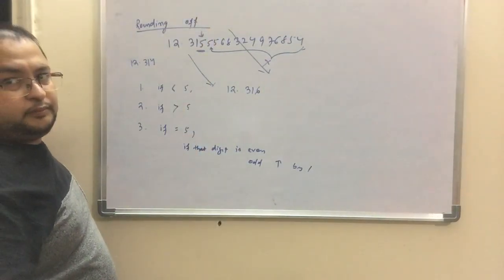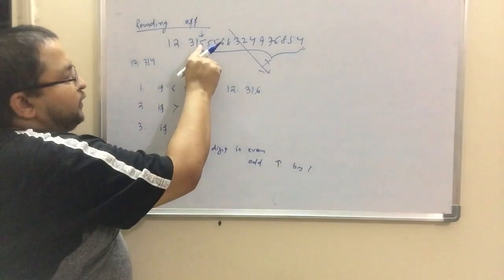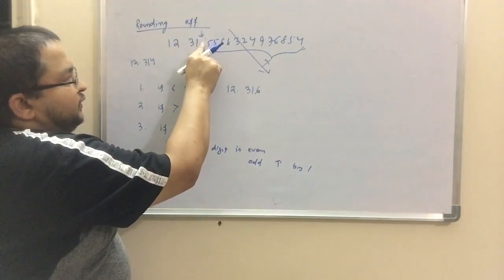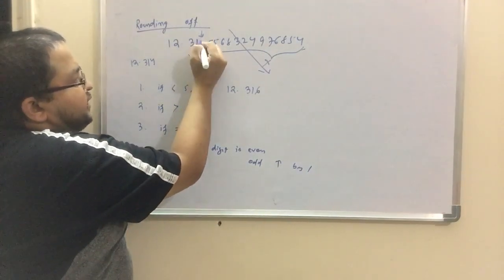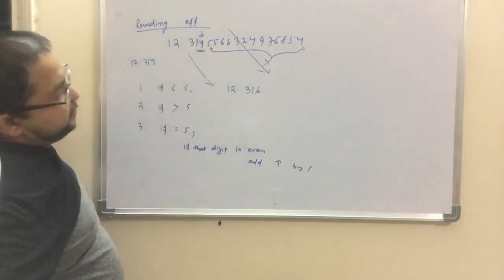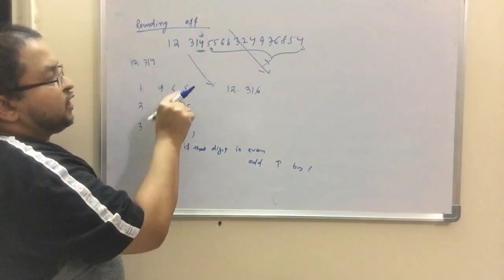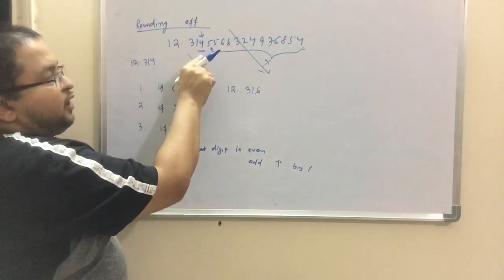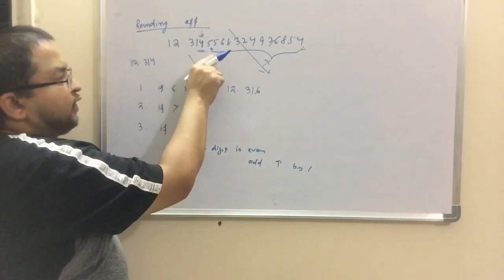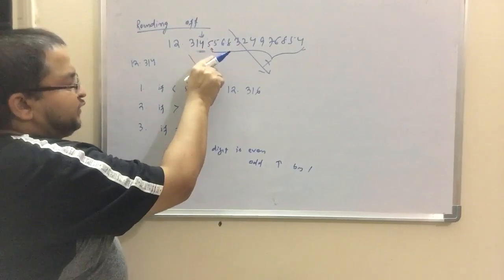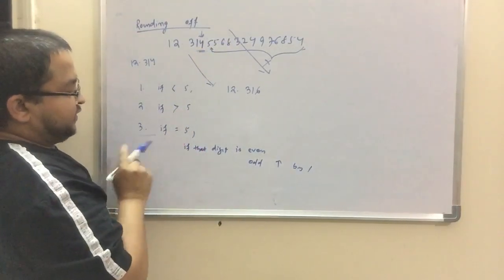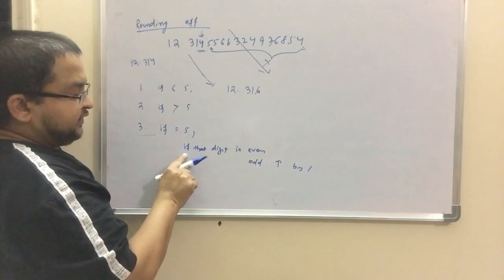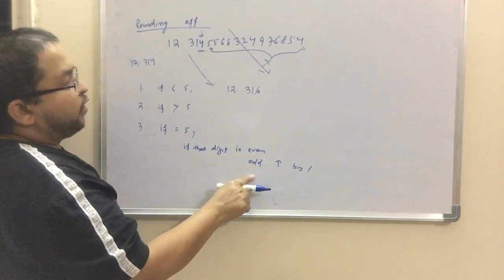Okay, now let us change it a little bit. Let this digit again be 4. If the digit is 4 and I want to do rounding at this same digit 4, basic rule: go to the next digit, which is equal to 5, so come to rule number 3. If it is equal to 5, the next thing is to check whether the original digit is even or odd.